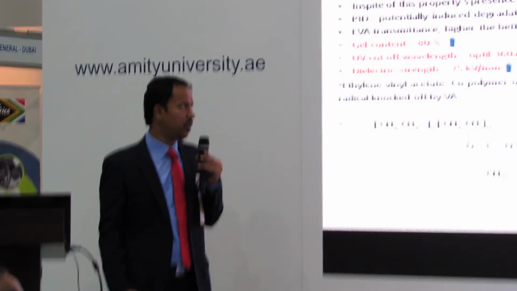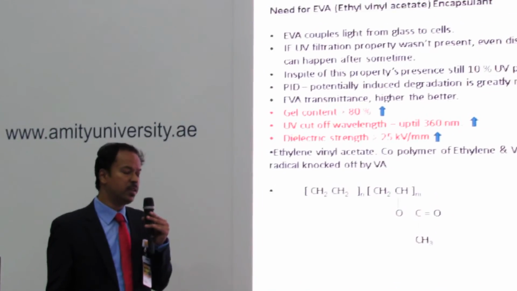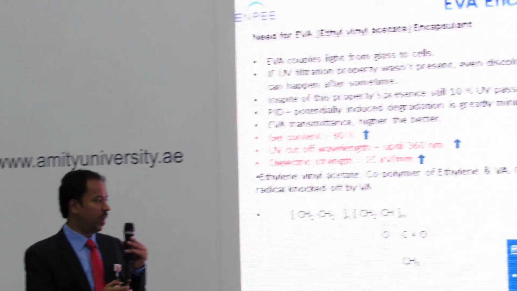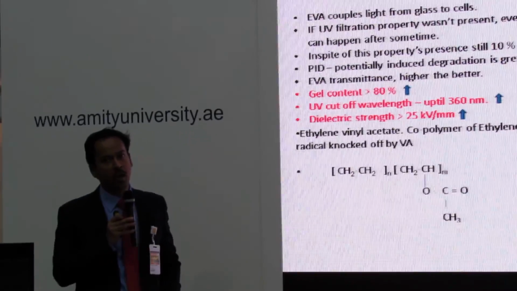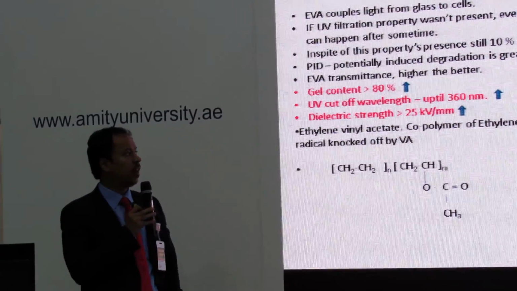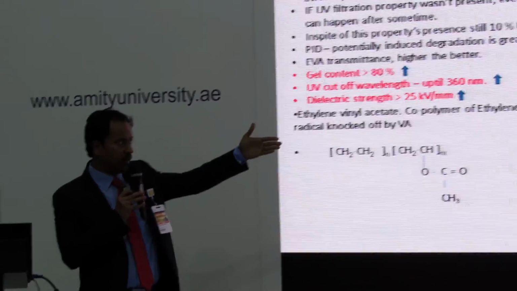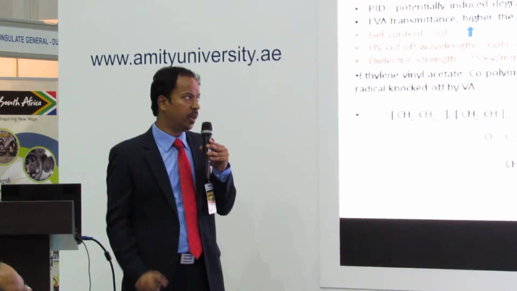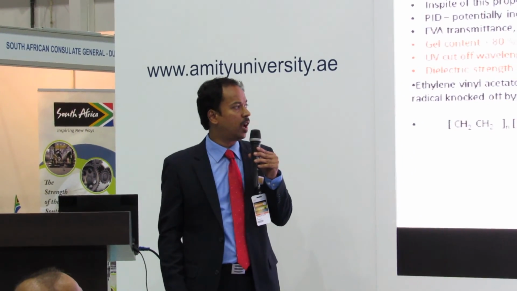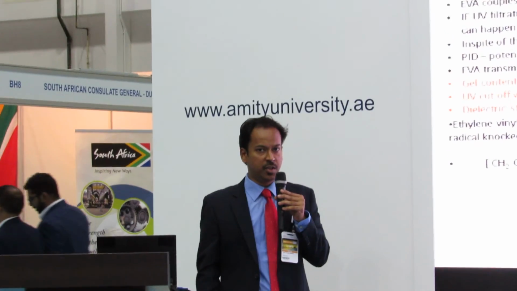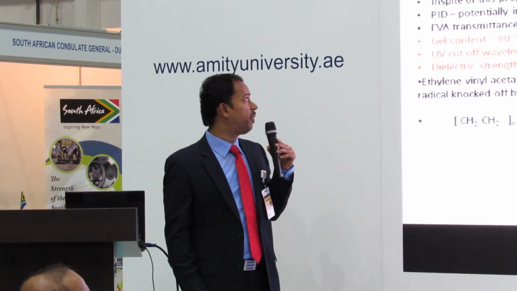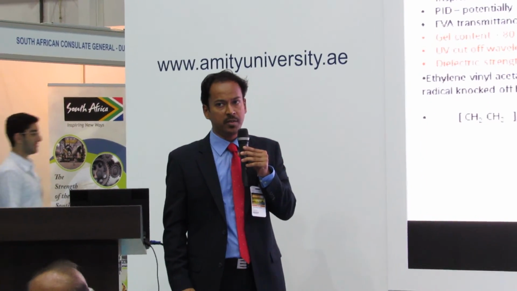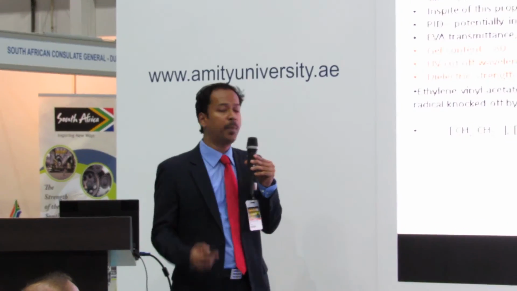An EVA encapsulant. Renesas is also a manufacturer of this. We have a 1.2 gigawatt annual yield of EVA. We make many variants of EVA encapsulants, including fast cure, ultra fast cure, and PID resistant. The basic function of an EVA encapsulant is that it has a coupling mechanism.